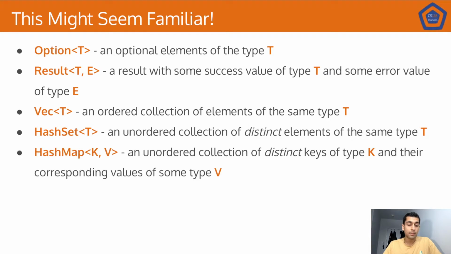And also the HashMap. You'll be using this in MP3. It is similar to a hash set. It's an unordered collection of distinct keys, but the keys map to a value of type V. And so the thing to note is that K and V can be the same type, but there is a distinction. They could also be different types. As is the case with Results, T and E could technically be the same type.